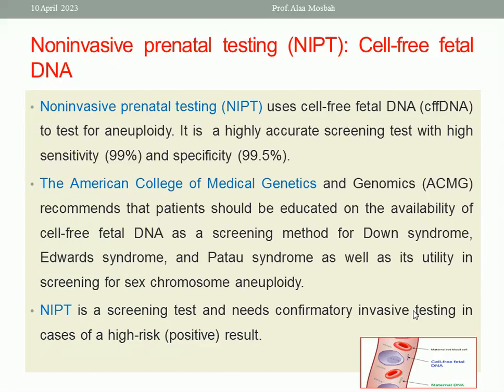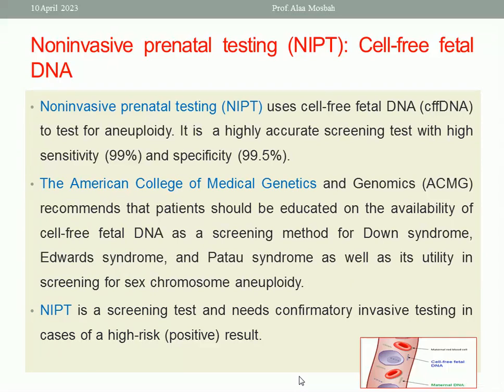But here, this is considered one of the screening tests, but carry high sensitivity, reaching 99%, and high specificity, reaching 99.5%. Okay? The American College of Medical Genetics and Genomics recommend that patients should be educated on the availability of cell-free fetal DNA as a screening method for Down syndrome, Edwards syndrome, and the Patau syndrome, as well as its utility in the screening for sex chromosome aneuploidy, like Turner syndrome. Okay?